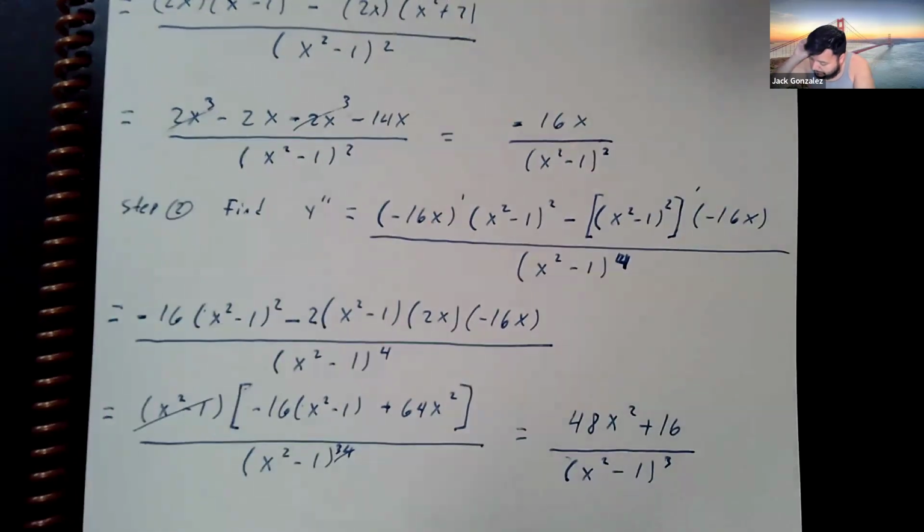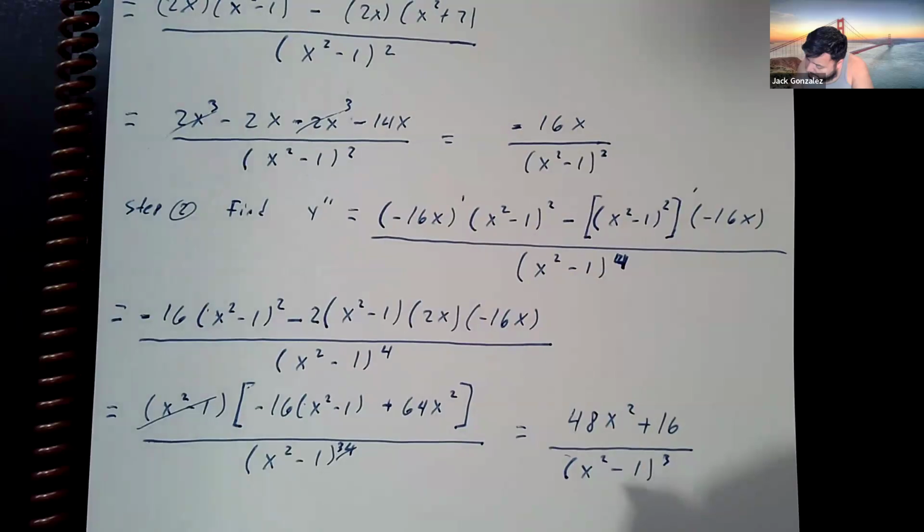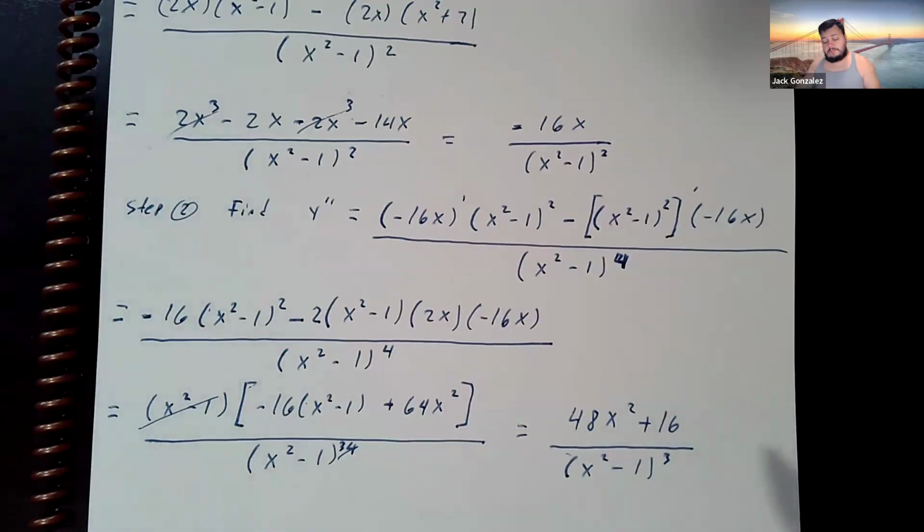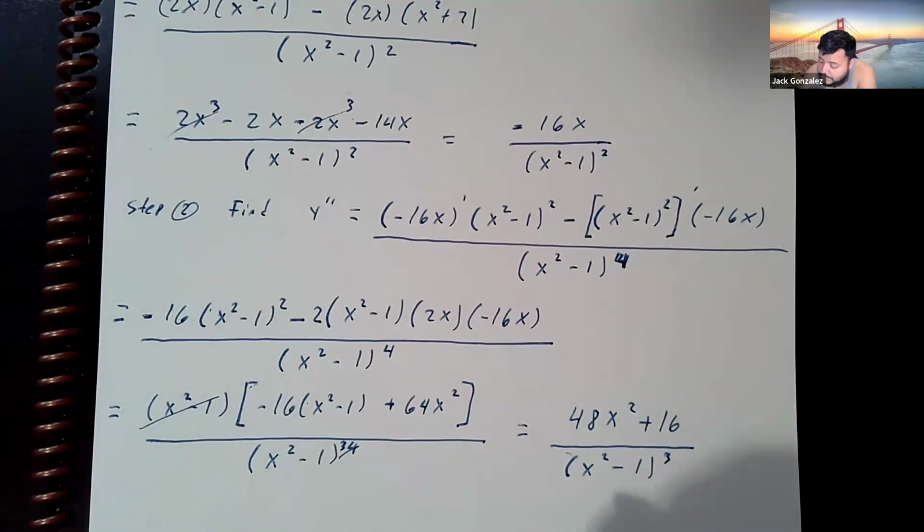Okay. So my issue was this numerator will never be zero. So how do you find inflection points? I forgot that another location that critical numbers happen is where the function is undefined.